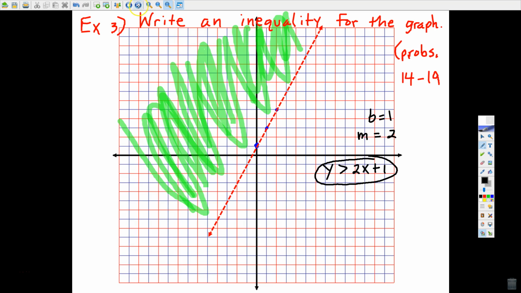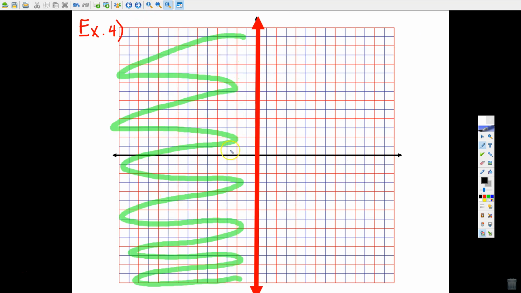Okay, let's try this one. The lines that are just vertical like this or just horizontal tend to give people trouble. So for that reason, I'm going to dwell on this for just a minute. Here I have a vertical line that really is just drawn on top of the y-axis, and I shaded the left side of it.